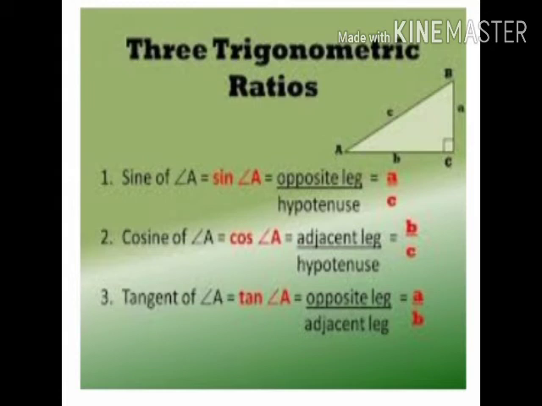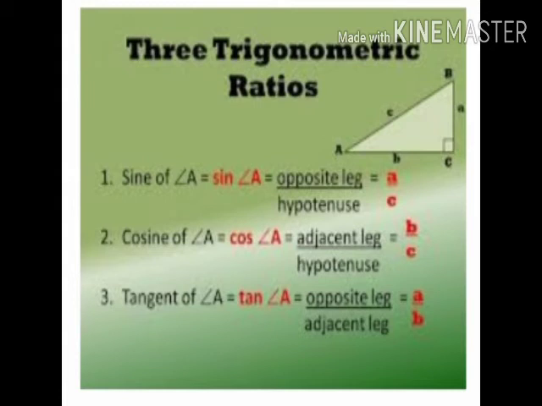Now the second ratio is the ratio of adjacent side and hypotenuse, the cosine ratio, shortly cos ratio. Third one is the ratio of opposite side and adjacent side, the tangent, shortly tan ratio.